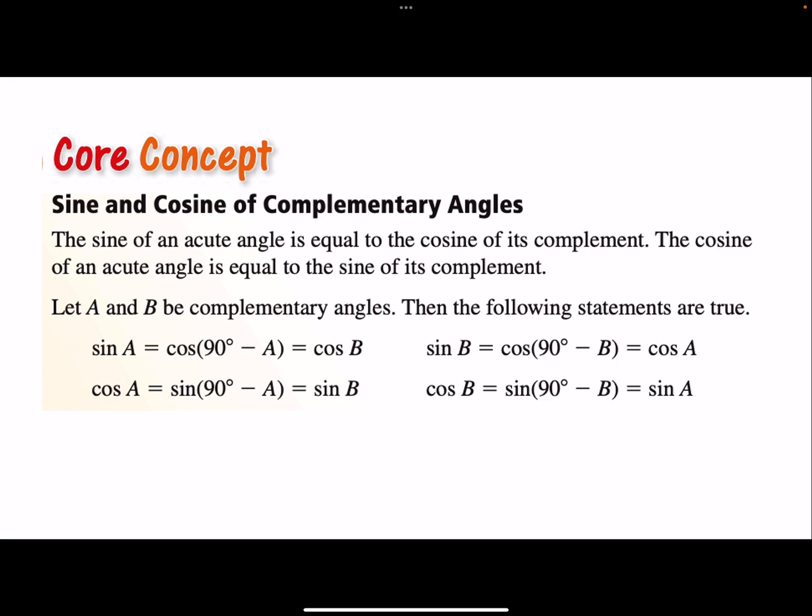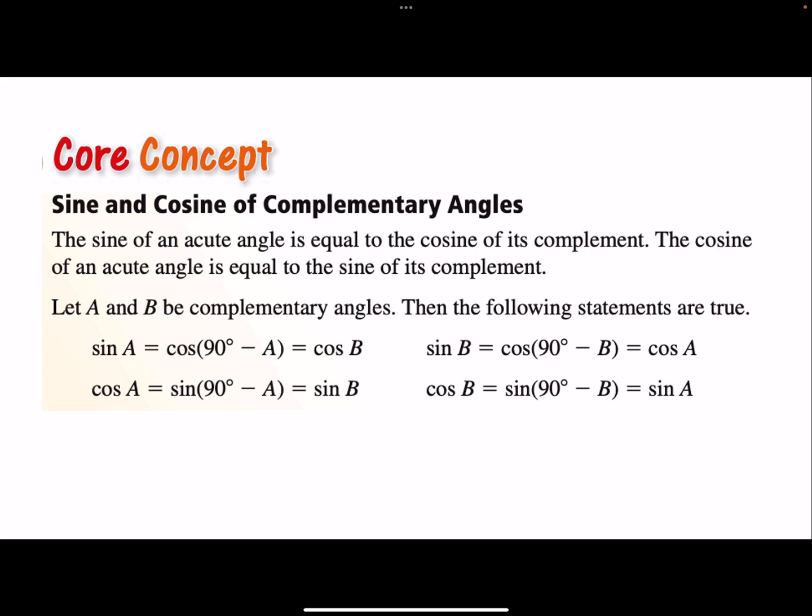Core concept: sine and cosine of complementary angles. This is basically saying that the sine of an acute angle is equal to the cosine of its complement. Remember earlier when I told you that the sine of r was equal to the cosine of s, and that the sine of s was equal to the cosine of r?